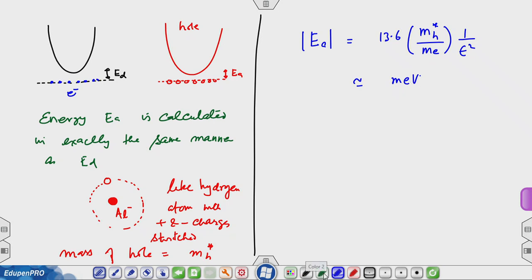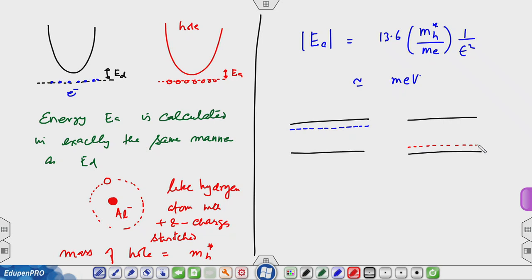So, I have this picture where I can take an intrinsic semiconductor and dope it with donor atoms, or dope it with acceptor atoms. What will happen here is that you will have lots of electrons here, and by the law of mass action, the number of holes will go down in the valence band.